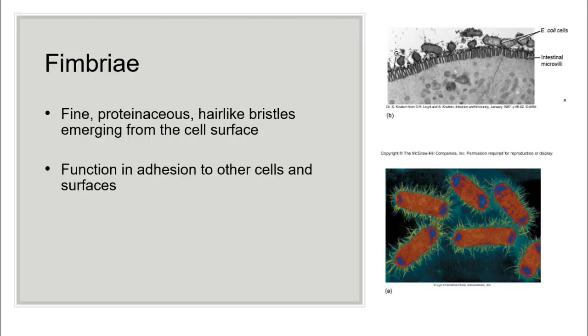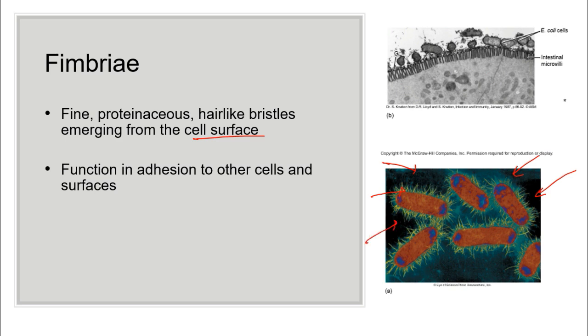Now, apart from flagella, the other cytosolic extensions are pili and fimbriae. We know flagella helps the cell to move. It helps in motility, and it's mostly composed of the protein flagellin. Fimbriae are also fine proteinaceous hair-like bristles emerging from the cell surface, which you can clearly see in this fluorescent microscopic image.